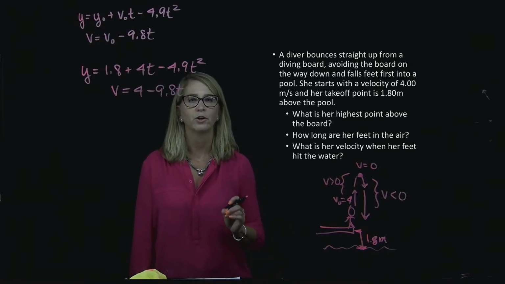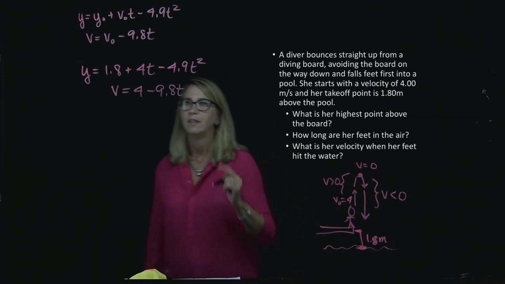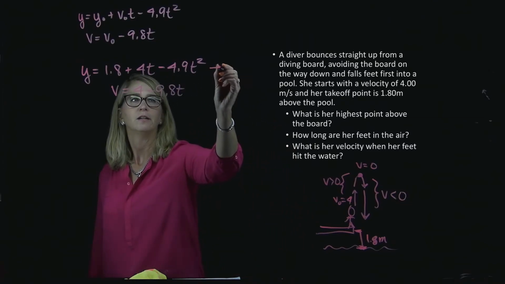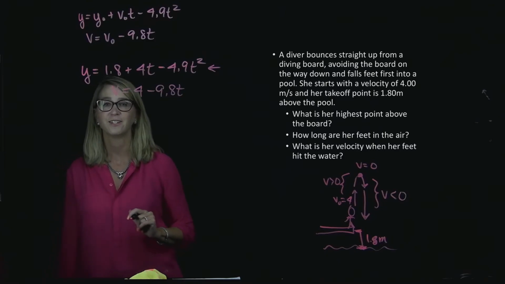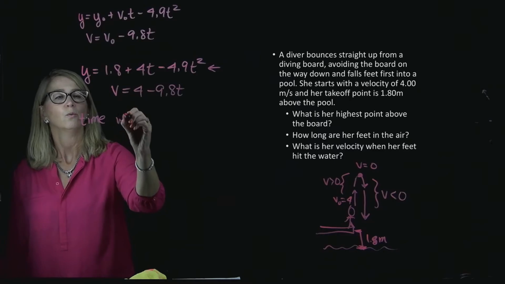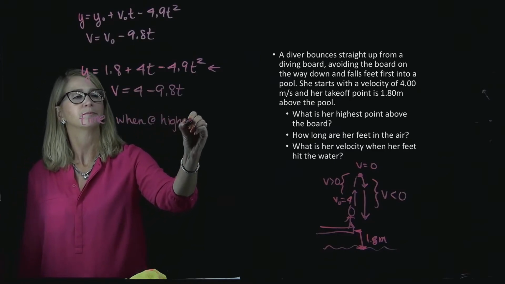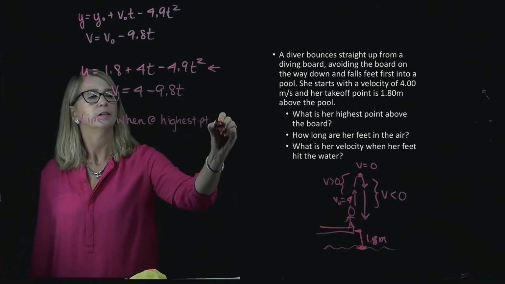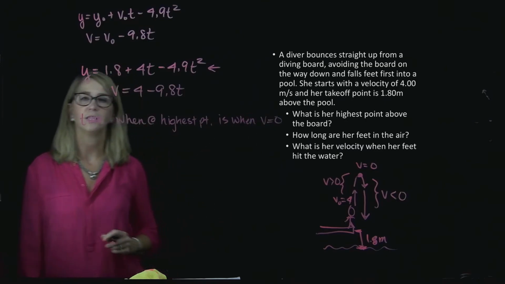It says, what is her highest point above the board? Well, that's asking me to find a position value, but in order to find a position value, I need to know the time. But I could find the time when she's at the highest point, which is when her velocity is 0.